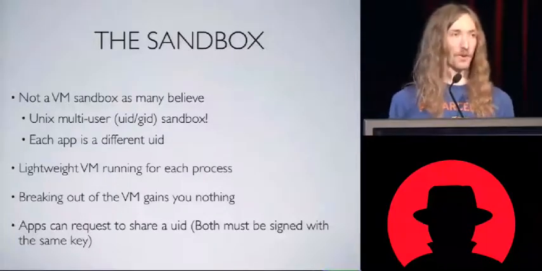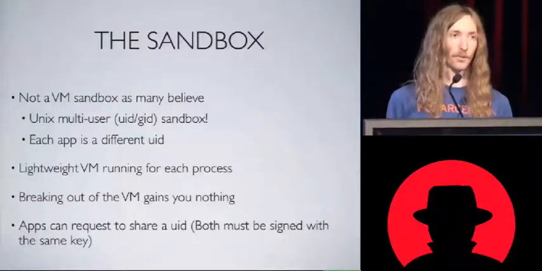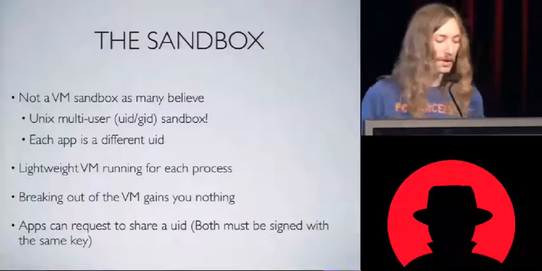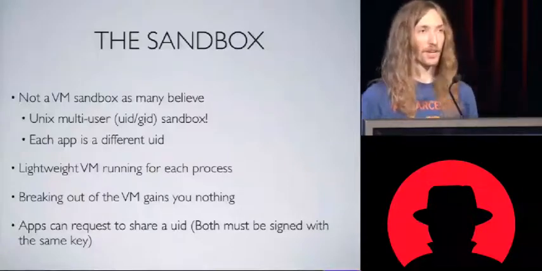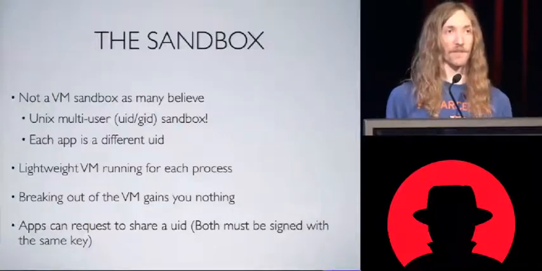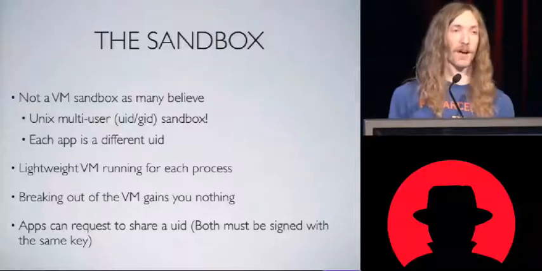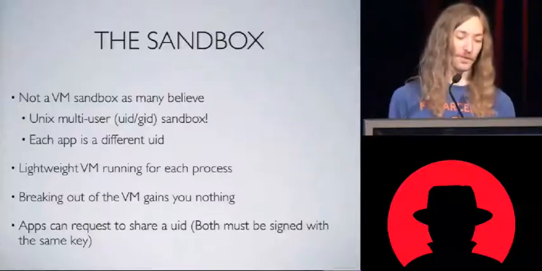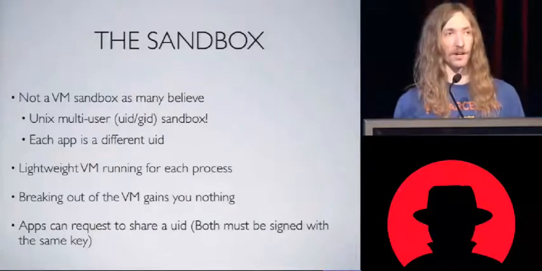And there are a lot of legitimate ways to break out of the VM anyway using JNI code, which is natively supported now. You can have a shared UID between applications if they request to do this in their manifest. Both applications would have to request this, and essentially these two separate applications would be the same user, but both of these applications need to be signed with the same signer key.